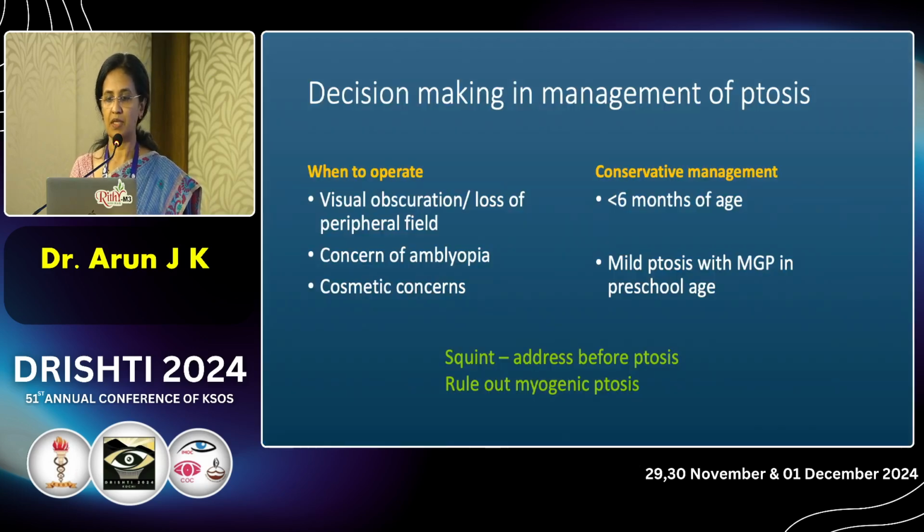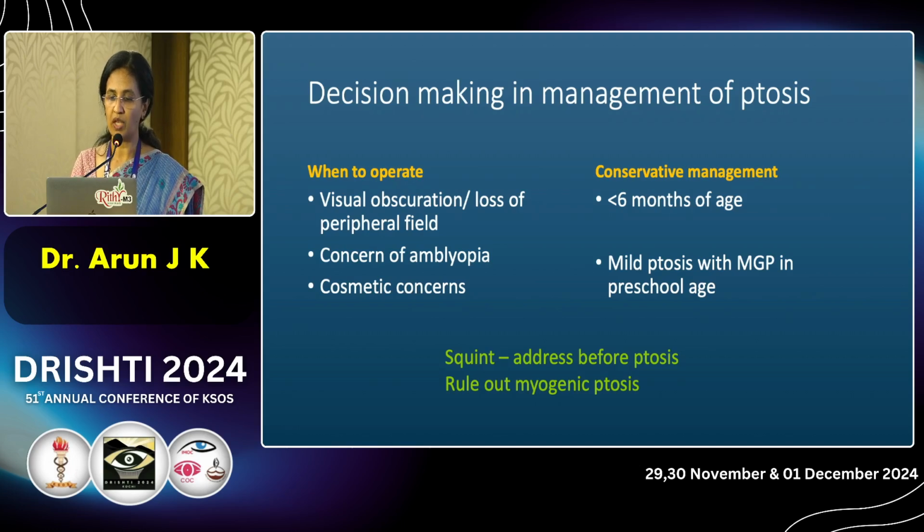First is decision making in ptosis: when to operate. If a patient is having visual obscuration, loss of peripheral view, concern of amblyopia or cosmetic concerns, we can operate.